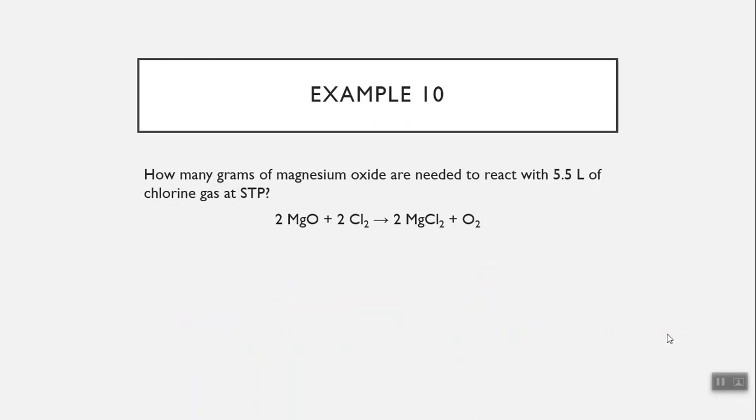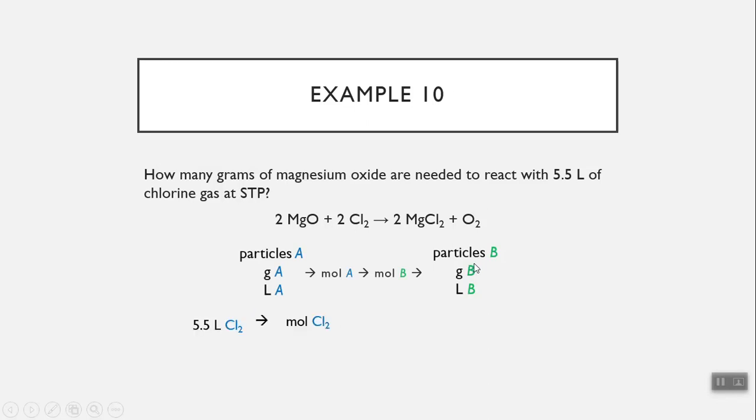So go into the next example on your own again. Starting with 5.5 liters of chlorine gas, how many grams of magnesium oxide are needed? So using this picture, we're going to start with liters, and this time we're going to end with grams. This is what your setup should look like. That's the top part of your fence.